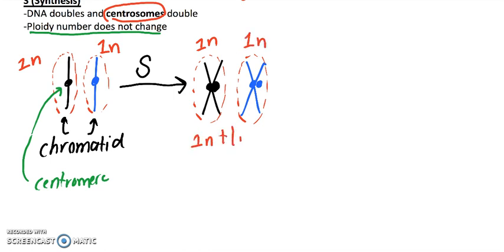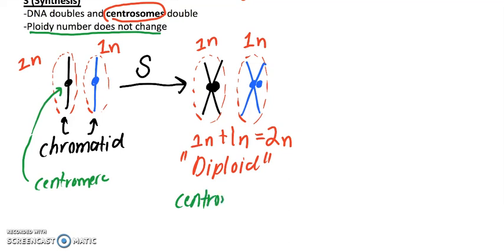So 1n plus 1n gives me 2n, so we are still considered a diploid structure. The number of centromeres, however, doubled, but you simply can't see it because they're on top of each other.